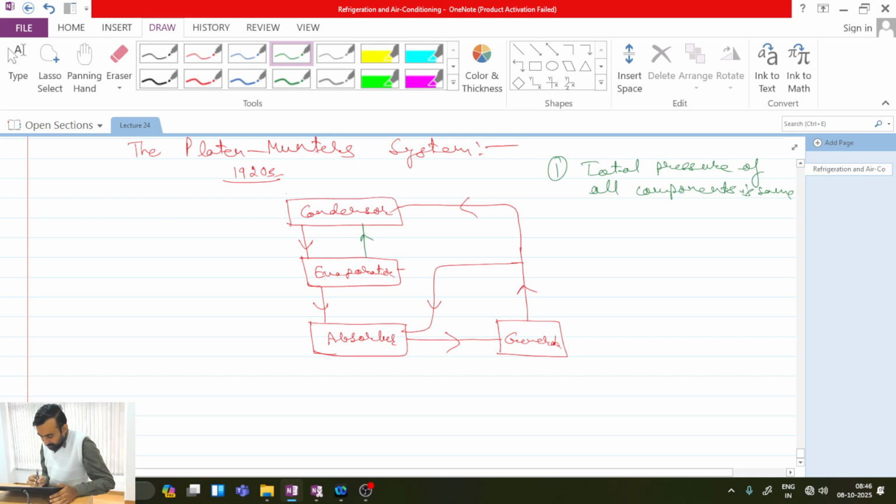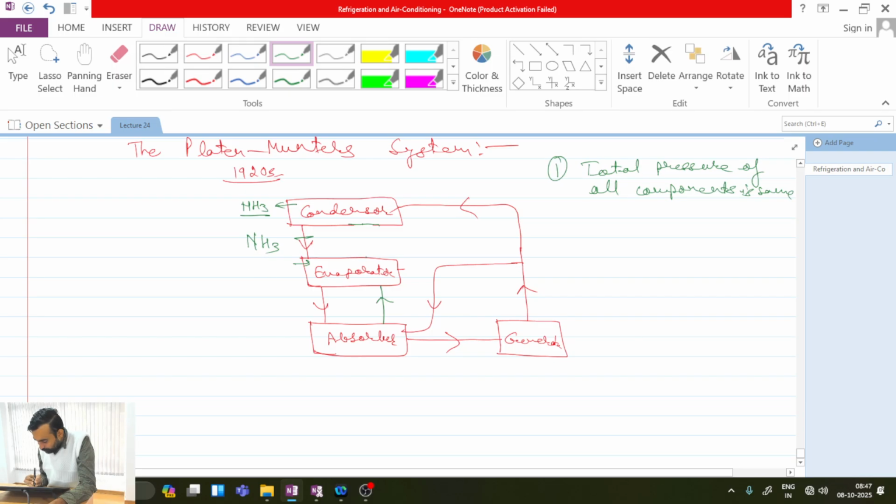In the condenser, I will be having pure ammonia. From the condenser, sorry, this I have drawn wrong. It should be here. From the condenser, fluid has entered into the evaporator. What has entered in the evaporator? Ammonia, NH3.